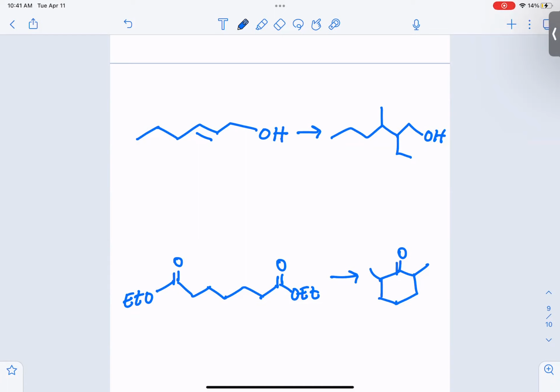Okay. All right, so if you look at that aldehyde, this would be beta, so that you could have alkylated there. You would have added this Gilman reagent.